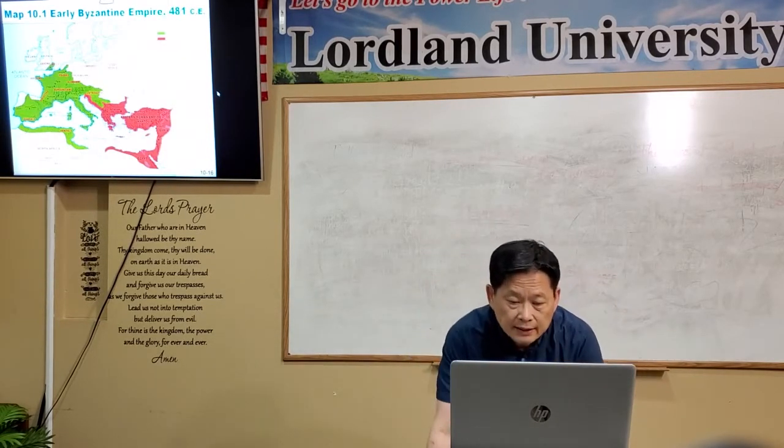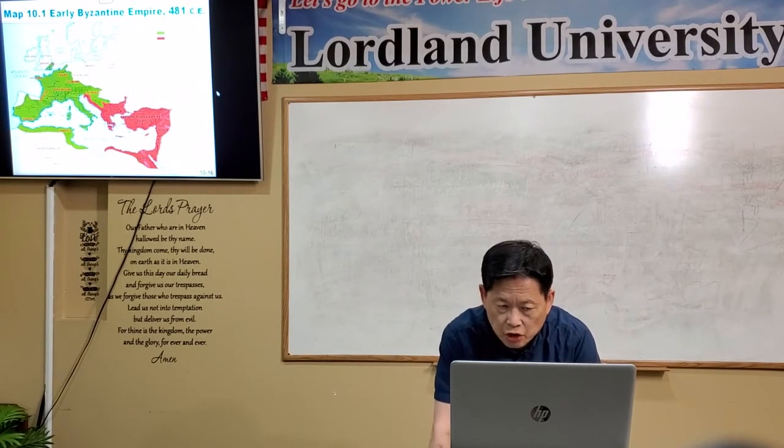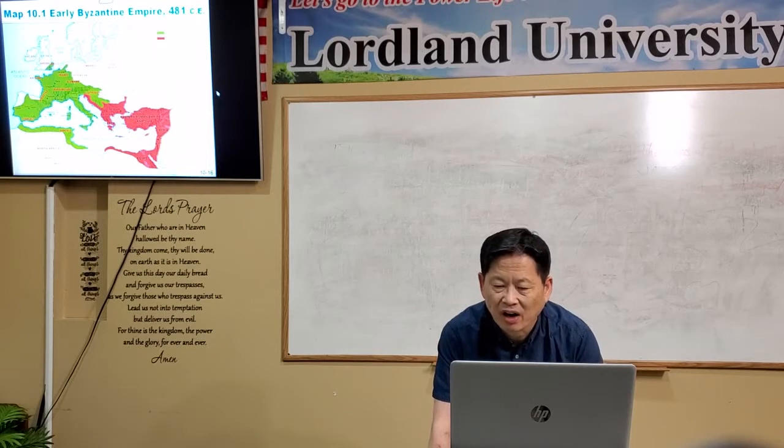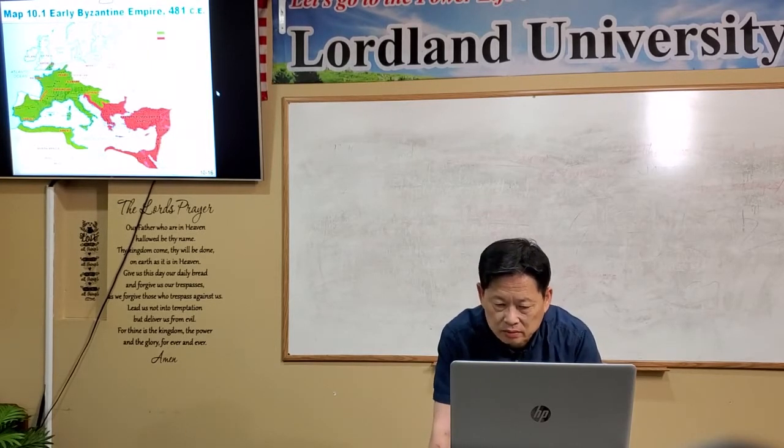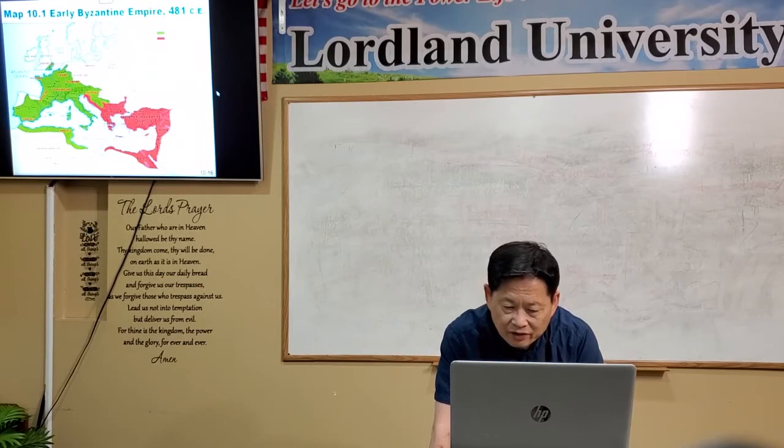Okay, this map 10-1 shows the early Byzantine Empire around 481. The green color represents Germanic Europe.